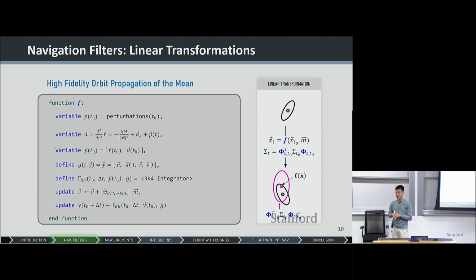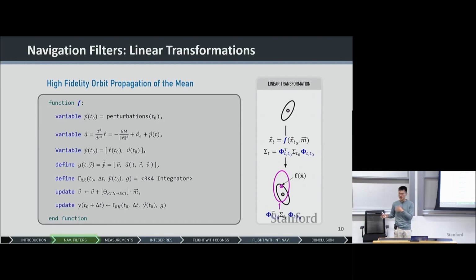Perturbations, as a reminder from 279A material, are things like atmospheric drag, solar radiation pressure, maneuvers even. So they could be self-actuated rather than environmental as well. You append them to your understanding of Newton's laws of gravitation. So this is your two-body force with your perturbations.